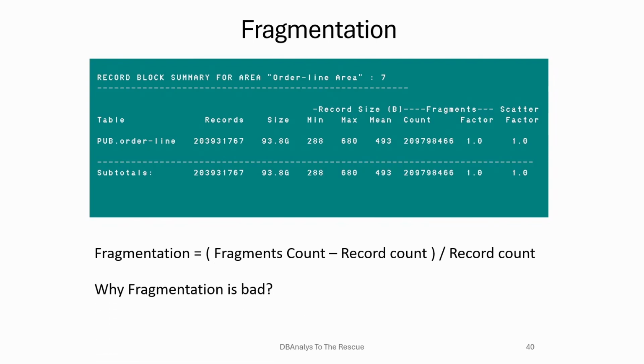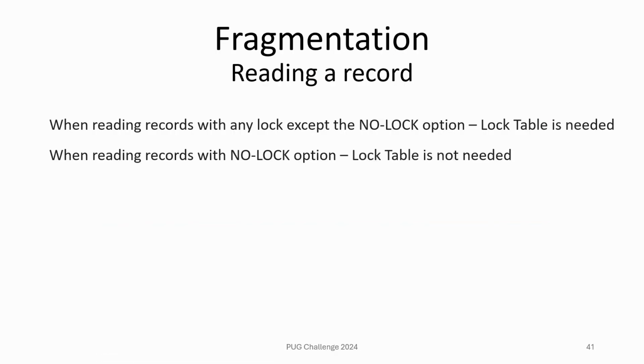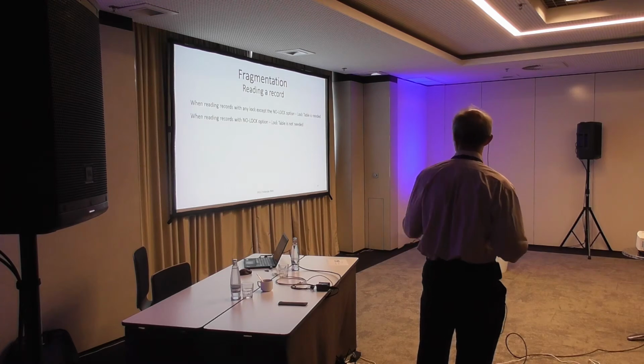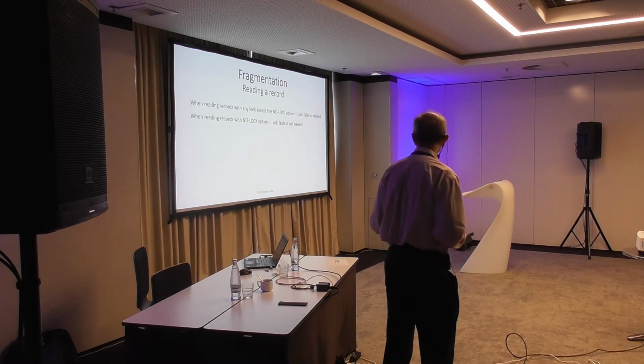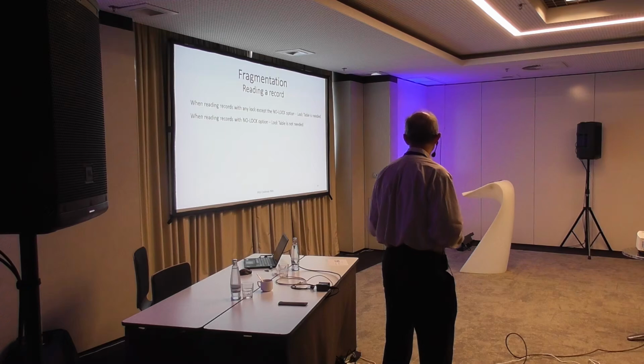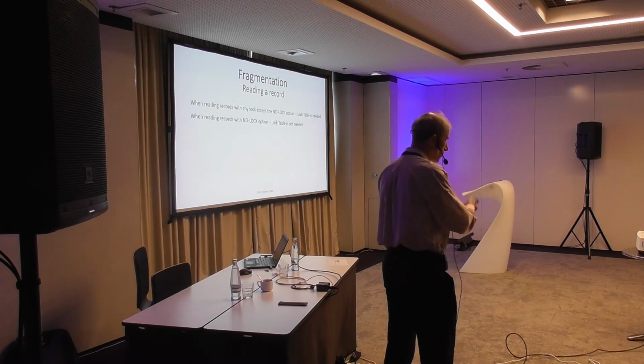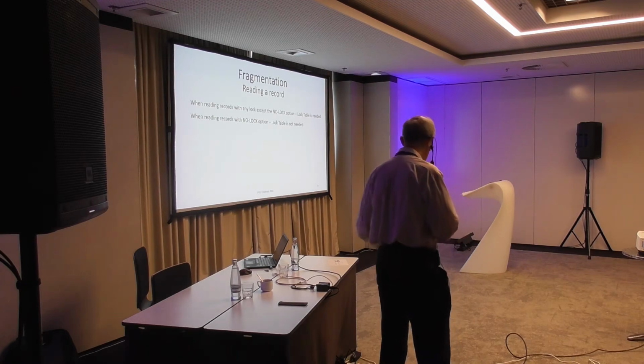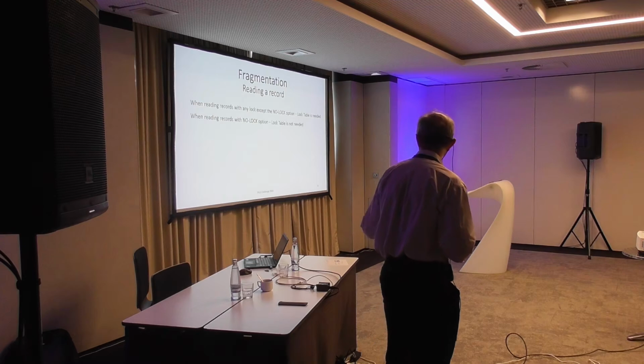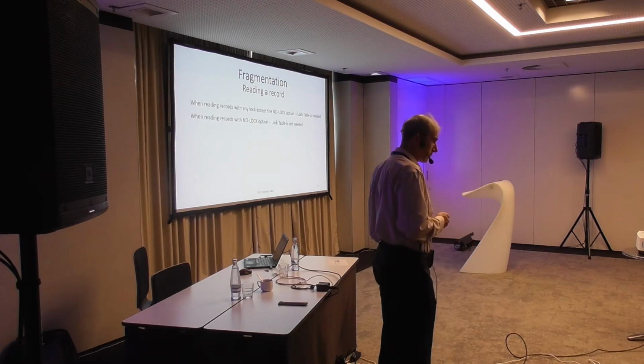And why is fragmentation bad? Let's see. When we read records with anything other than no-lock, a lock table entry is needed: for exclusive locks, and for shared locks. But when you read the record with no-lock, then the lock table is not needed, correct?